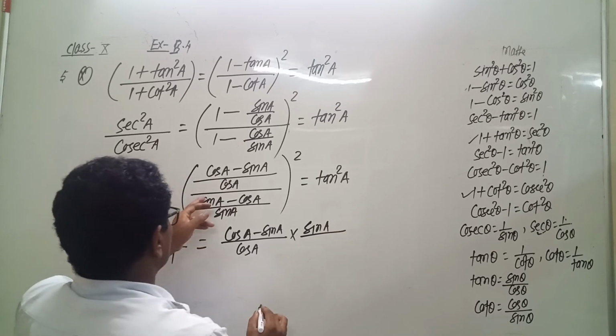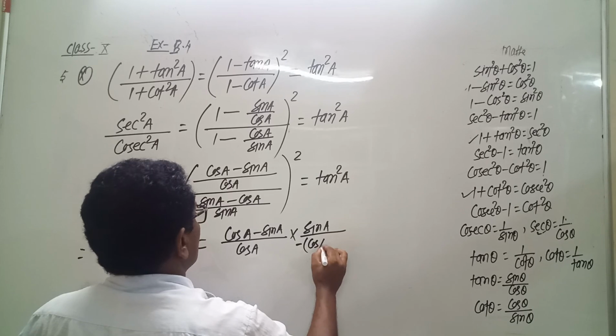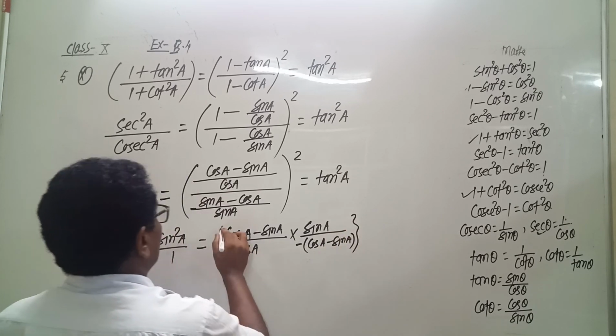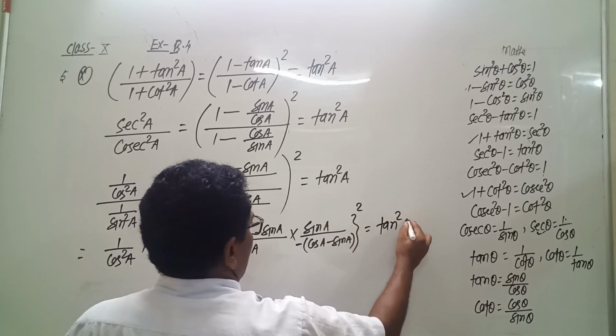And from these two terms, we take minus as common. So it becomes cos A minus sin A, the whole square, equals tan square A.